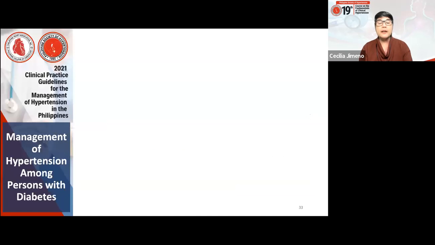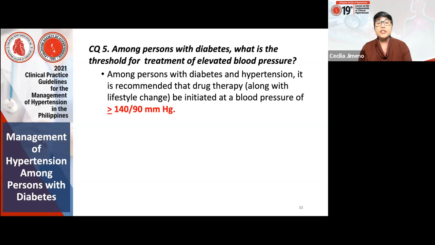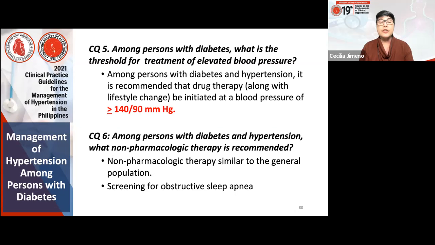Now, going to the pharmacologic therapy, we can see that among persons with diabetes, what is the threshold for treatment of elevated blood pressure? It is recommended to initiate drug therapy along with lifestyle change at a blood pressure threshold of more than or equal to 140 over 90 millimeter mercury, and the non-pharmacologic therapy is the same as the general population.